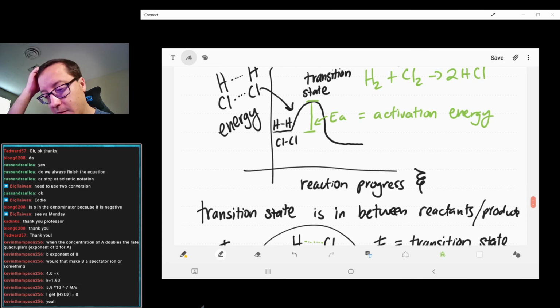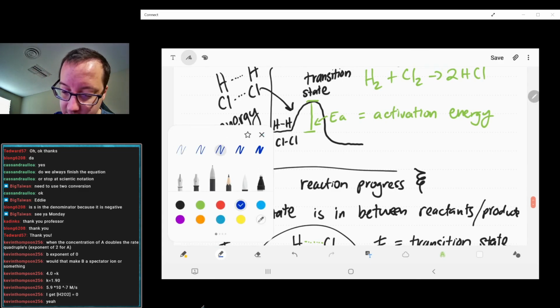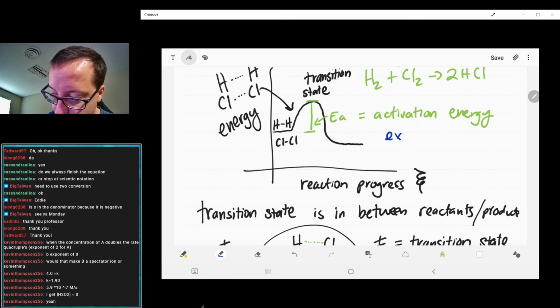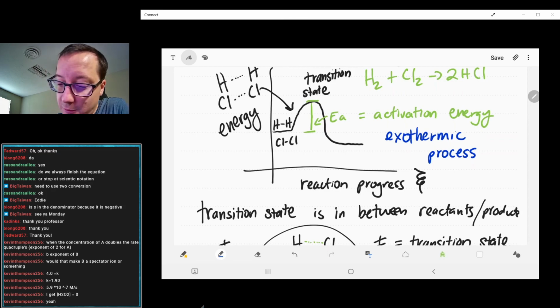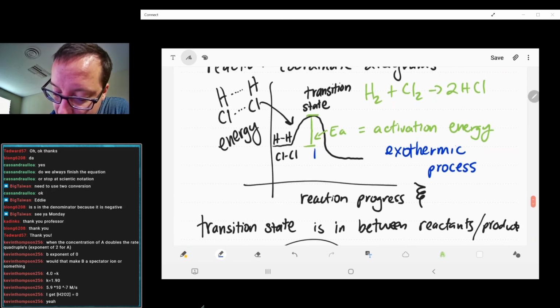Notice, by the way, also, this is an exothermic process. That's another component we can take away from our reaction coordinate diagrams. We see here that there's a difference between the energy of the reactants and the energy of the products, right?